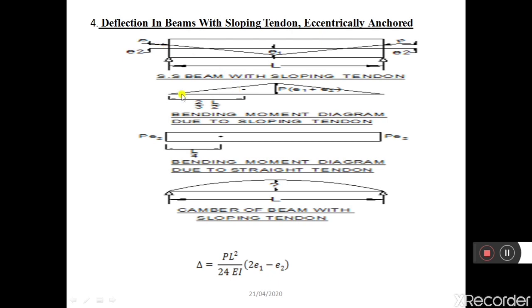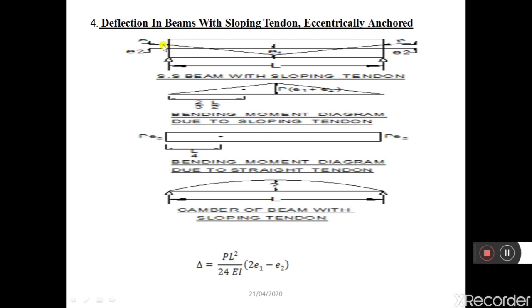So if I draw a bending moment for E1, so bending moment or moment about centroidal axis is force into perpendicular distance. So at the midspan, the perpendicular distance will be E1 plus E2. So E1 is this, and the remaining distance from here to here is E2.